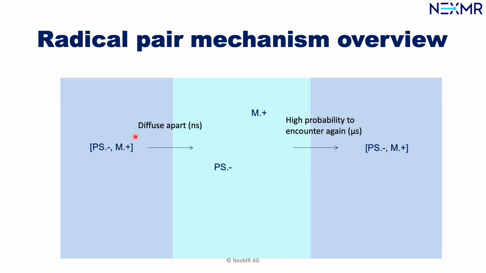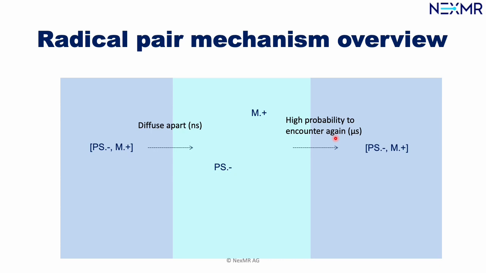But I told you it's very short-lived, and after a few nanoseconds, it will diffuse apart. So we now have the two molecules relatively far away, and the electron exchange coupling will disappear. After a few microseconds, there is an increased probability that these two molecules meet each other again. This is diffusion theory. I will come to that later.